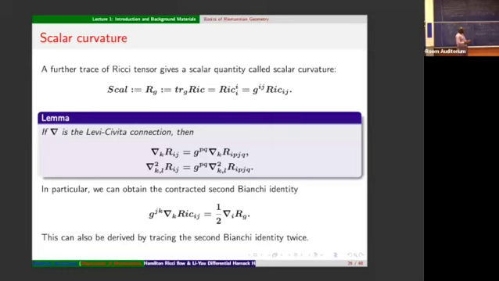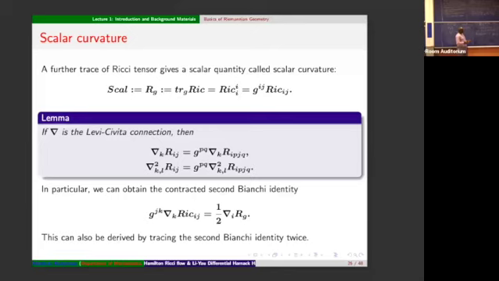Okay, so there's this lemma, which we just want to sketch through. You can see that in this lemma, if this is the Levi-Civita connection, you know, it's metric compatible, of course, then we have these two items here. The divergence of this Ricci tensor gives this.